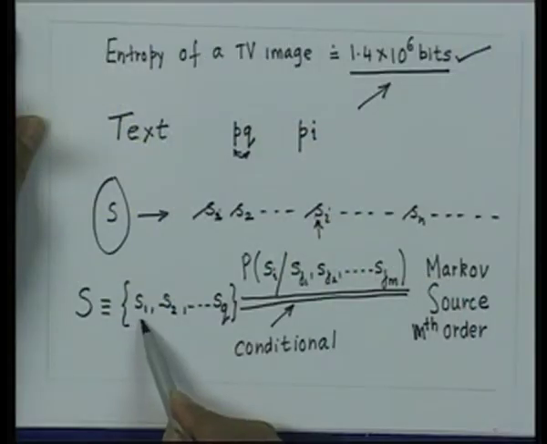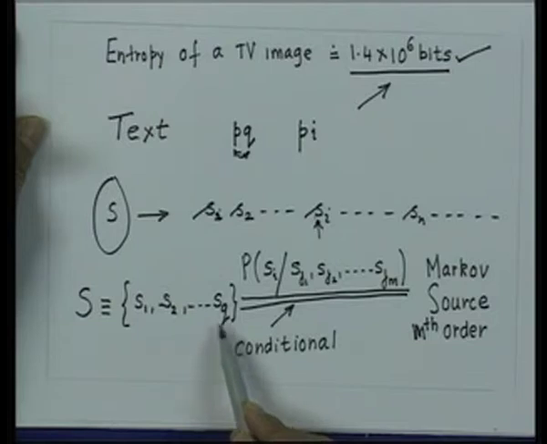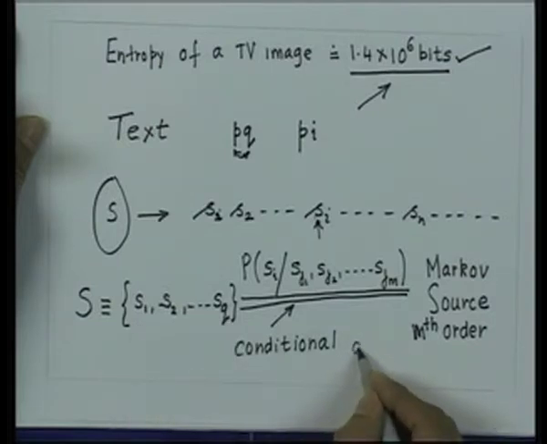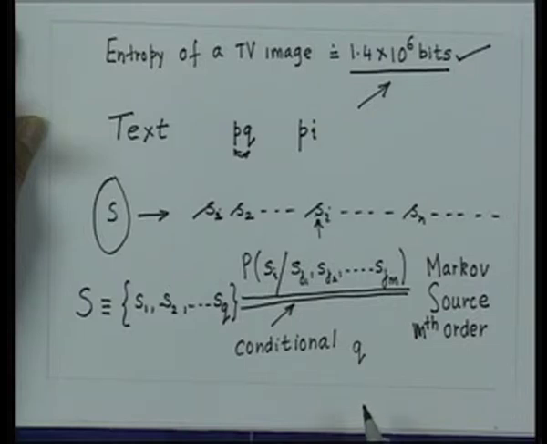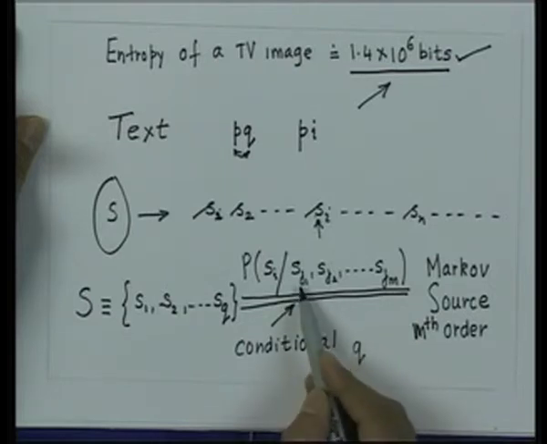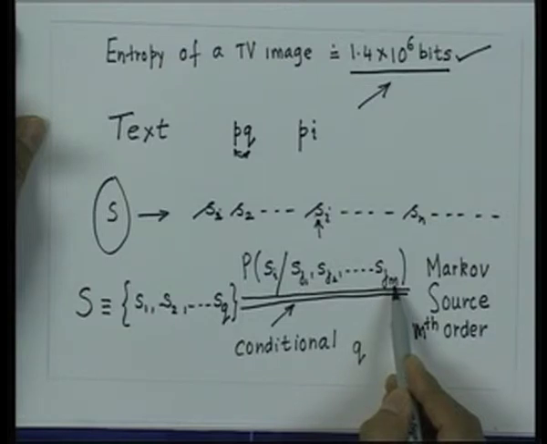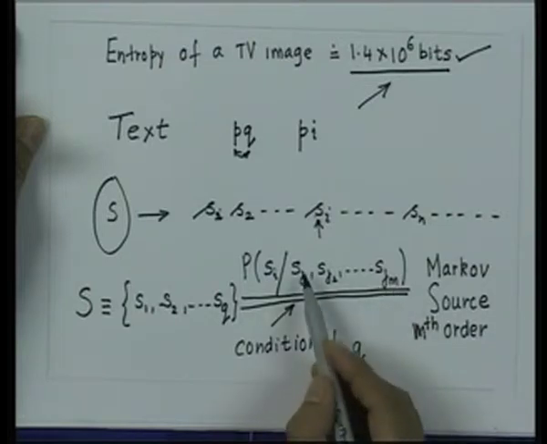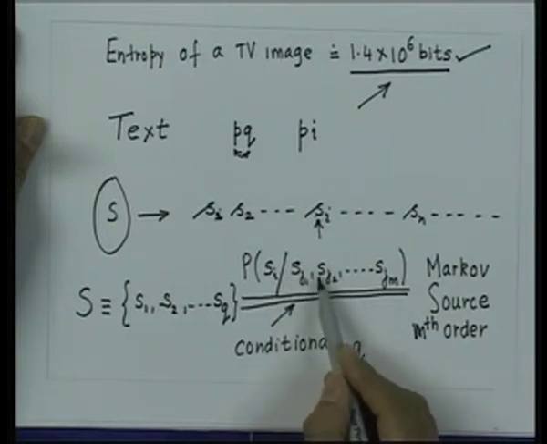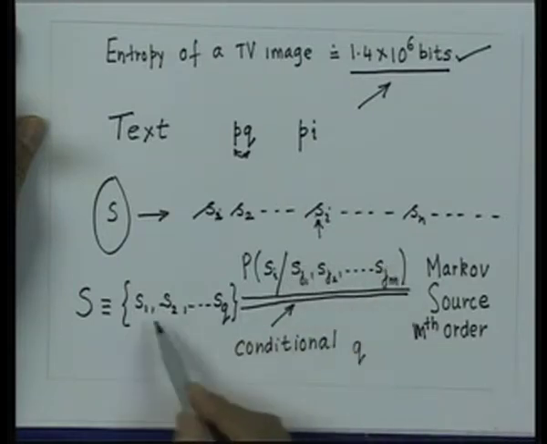Now, at any particular instant of time, this symbol can take any of the values from this source alphabet, so it can take q values. Now, the emission of this value is not independent. It is dependent upon the m preceding symbols. Each of these m preceding symbols can take values from this source alphabet.